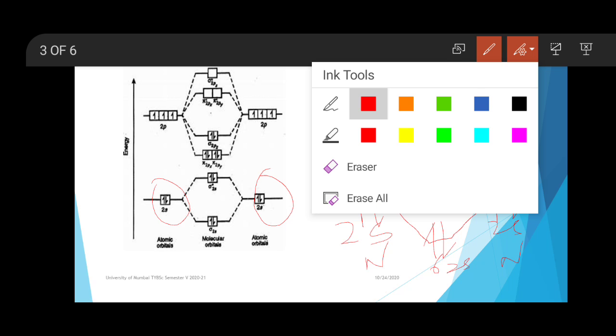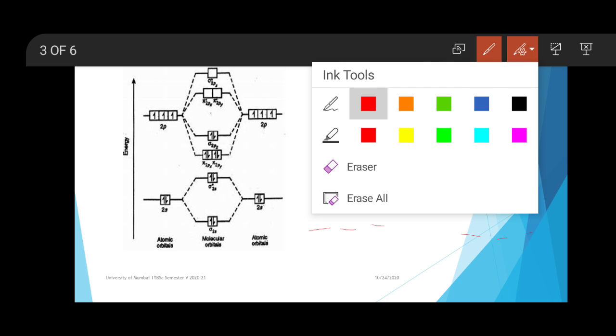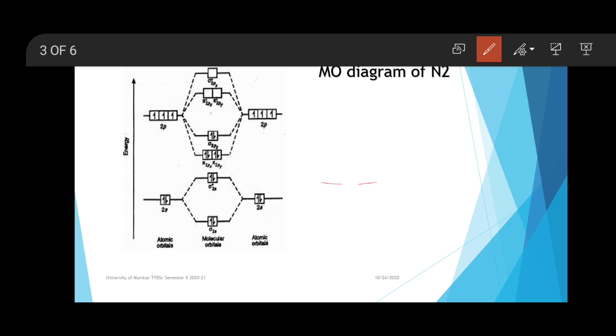Now let us discuss the 2p orbitals. Let's say these are the 2p orbitals. For nitrogen there are 3 electrons in the 2p orbitals.